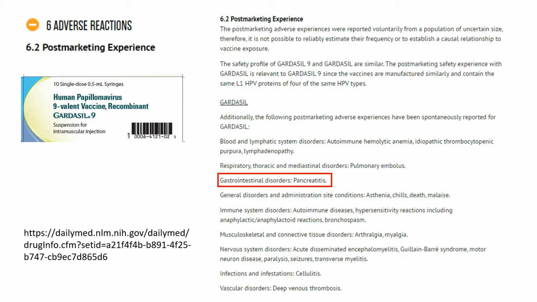However, because of strong correlation, these adverse reactions may be added to the vaccine label by the license holder and/or as requested and approved by the FDA. Note that the information is organized using MedDRA terminology. For example, under MedDRA System Organ Class, gastrointestinal disorders, you can find pancreatitis. This specificity will enable optimal data retrieval from VAERS Explorer.